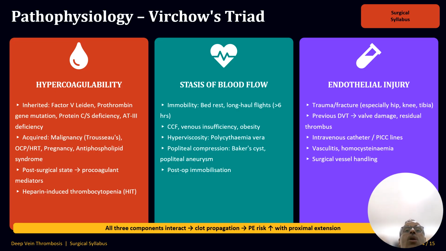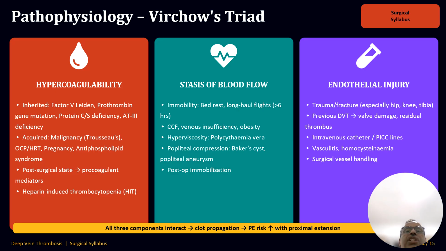Similarly, long haul flights of more than 6 hours have been documented to increase the risk of deep vein thrombosis. That's why it is always advisable in long haul flights to keep moving around, maybe take a walk through the aisle, and also do certain calf exercises and toe exercises while sitting, as well as keep hydrated.